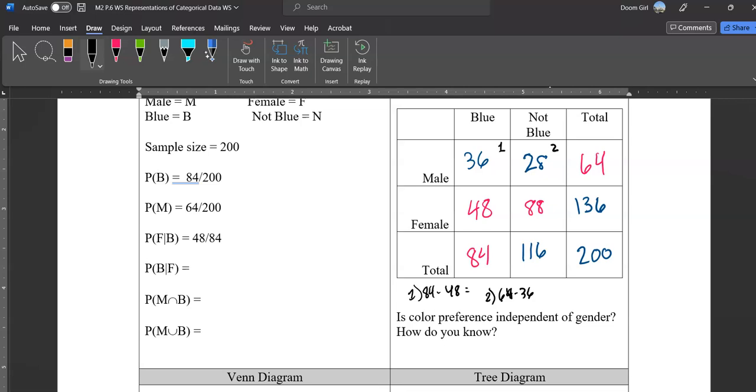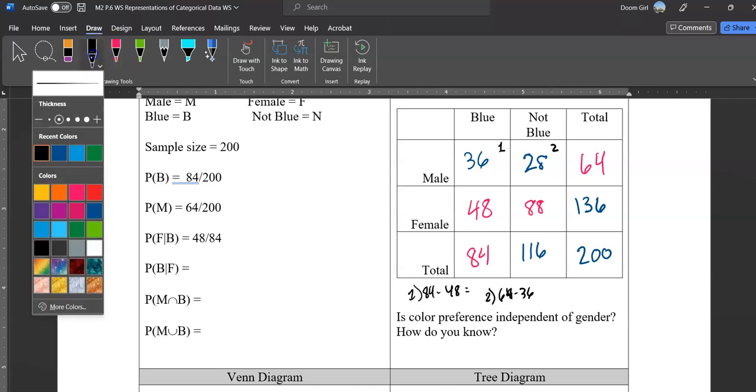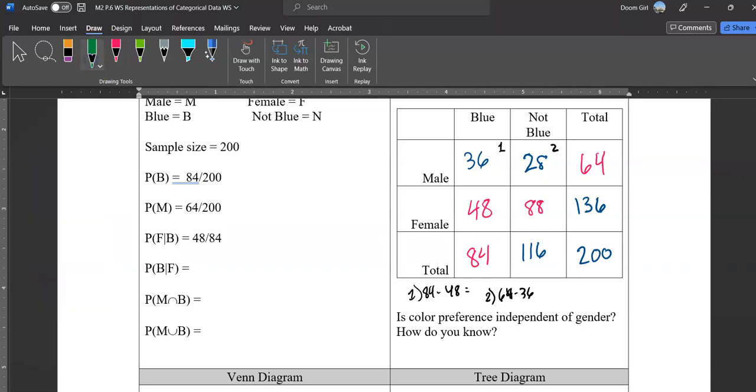Now that I have all the values on the table, I'm going to quickly calculate some of these probabilities. I'm also going to make sure that I have decimals, because I know the decimals are going to come in handy when we get to the tree diagram. We're going to start with probability of picking blue given they're female.